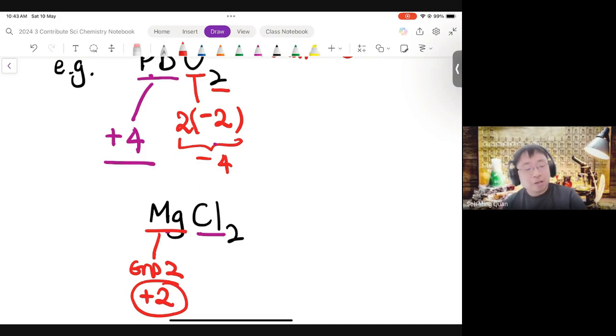Okay? So now, clearly, if magnesium is +2, what will chlorine be? Remember the overall charge again. There is nothing written on the top of this compound's formula, so the overall must be 0. How do you go to 0 when you already have +2 on magnesium?